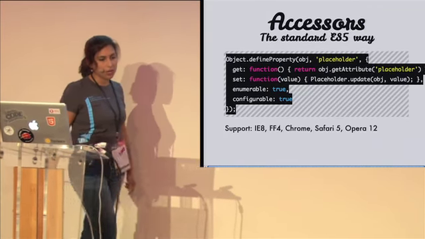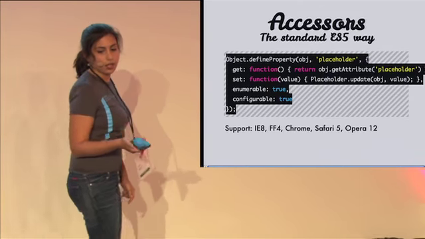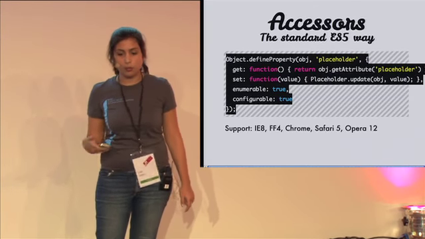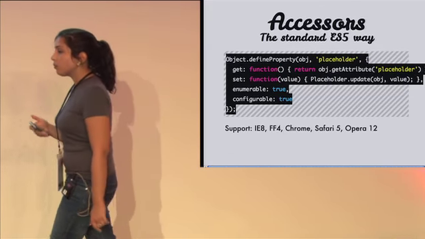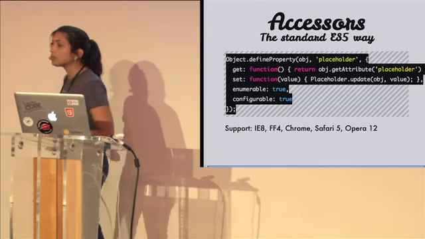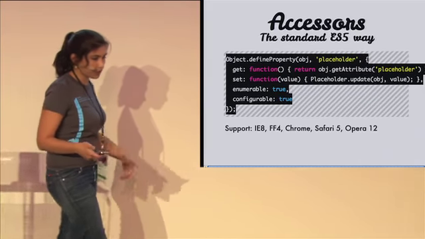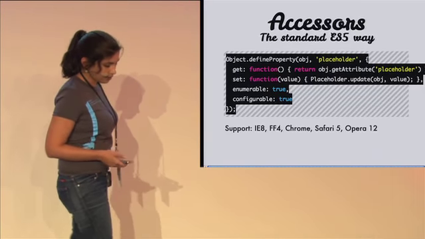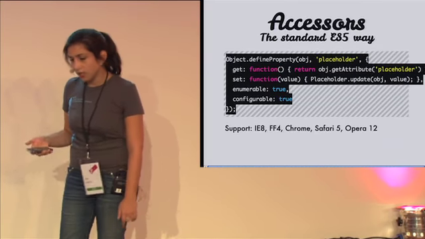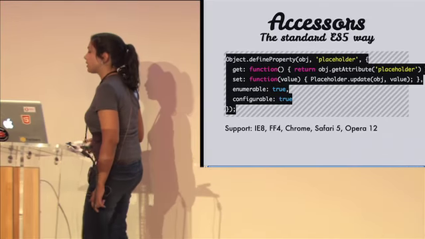And also, to match the native implementation of placeholder, we make this accessor enumerable and configurable. Enumerable essentially means that when people use this object in for loops, it will be present, unlike some other properties that don't get enumerated. And configurable means that we should be able to replace it with something else if we don't want these accessors anymore.